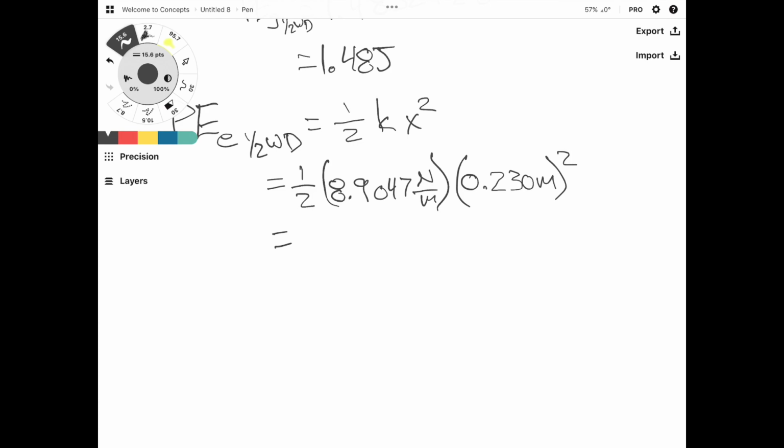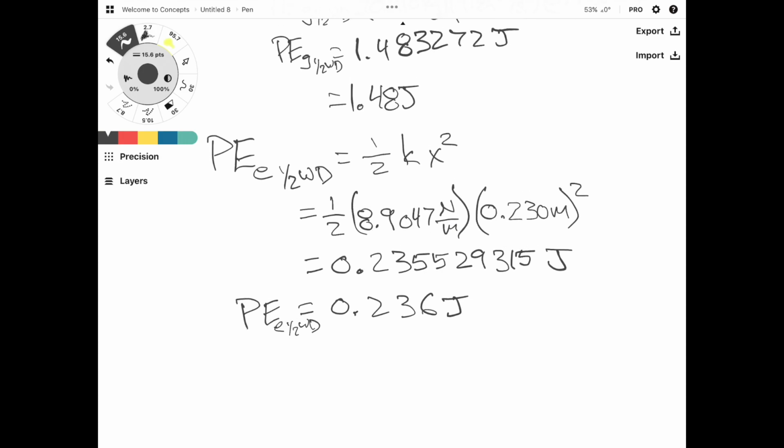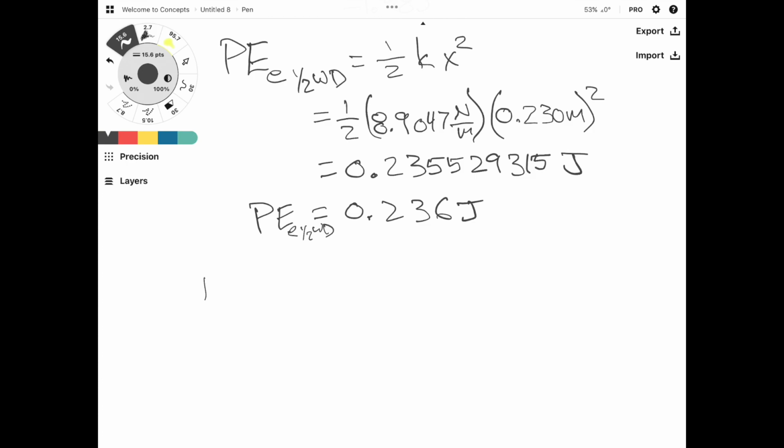My potential energy in the spring is 0.235529315 joules. I'm going to round that to 0.236 joules. So here's the deal. The total energy equals what we started with, which is 1.96 joules.